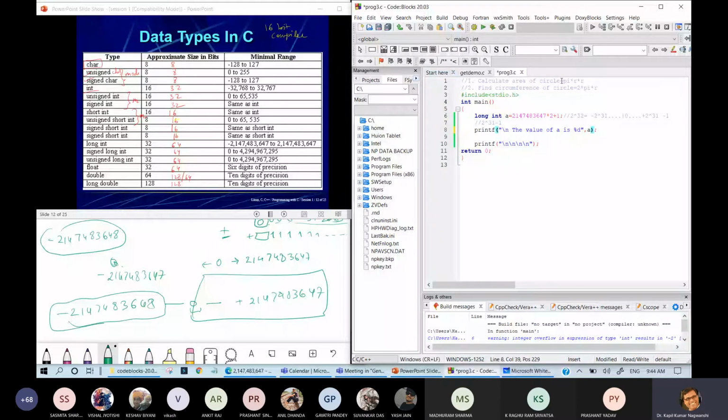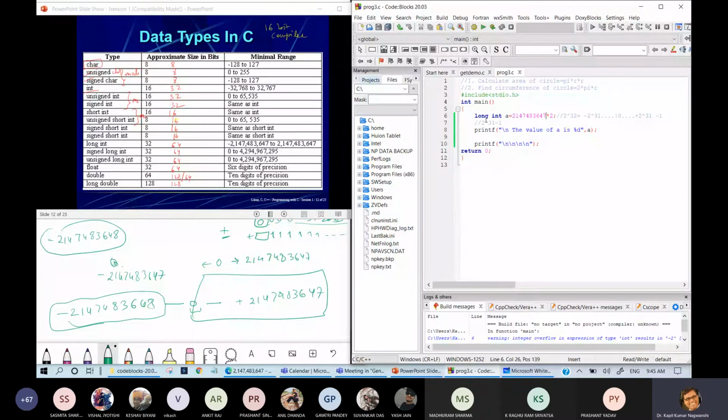You need to run several programs to understand the value of this, and this is -1 because it overflows the value. Let me check this. We need to go for range only.